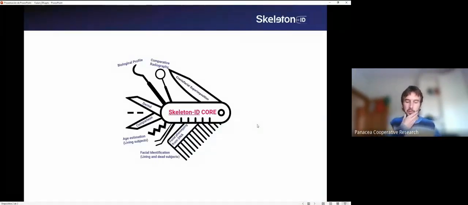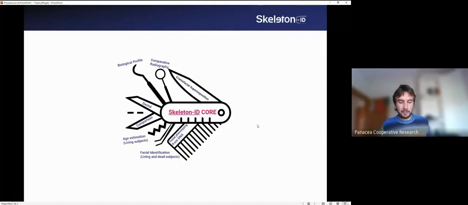Skeleton ID is composed of what we call the core, which includes the management of the institutions, the users, antemortem and postmortem databases, etc. It also includes what we call the virtual lab, which is a graphic engine that allows us to work with 2D and 3D images, of photographs, medical images, scans of different bones, and offers a multitude of tools to apply different identification methods.